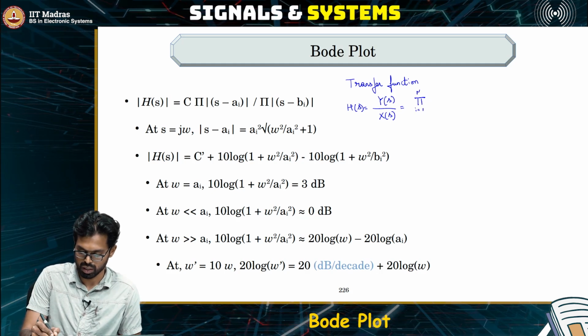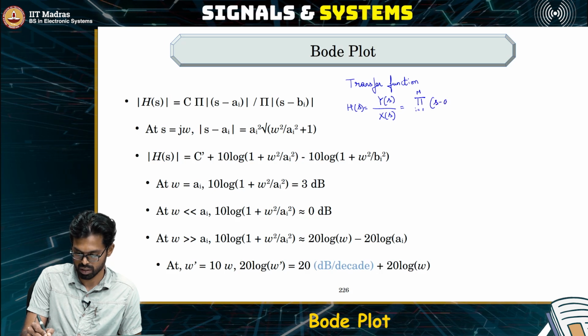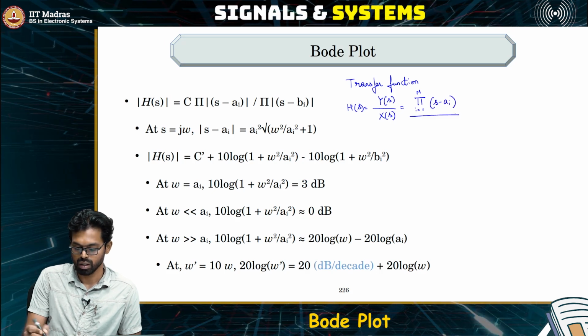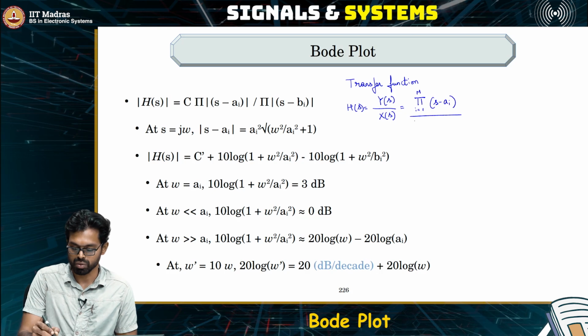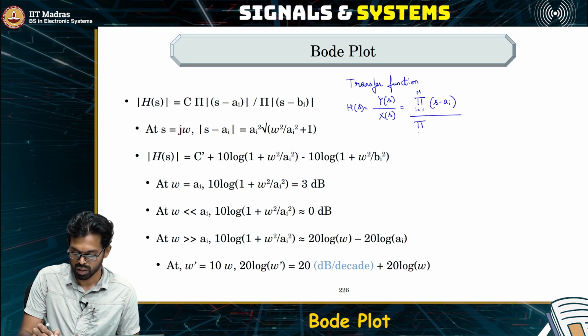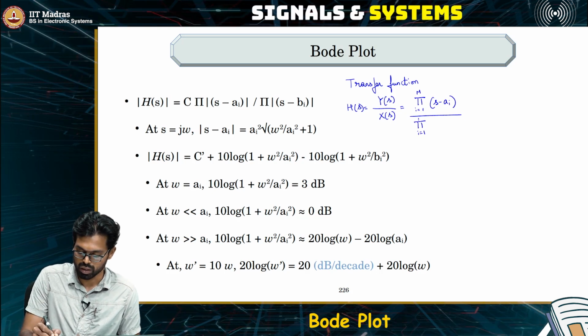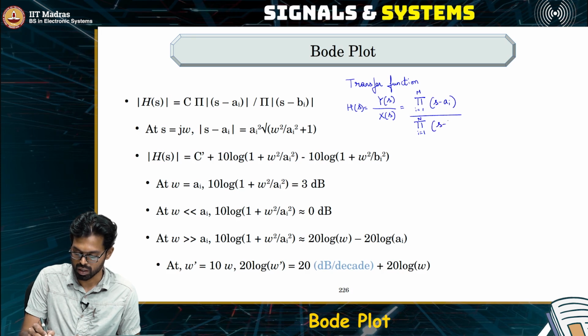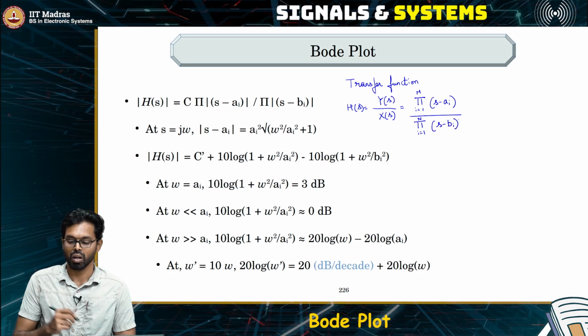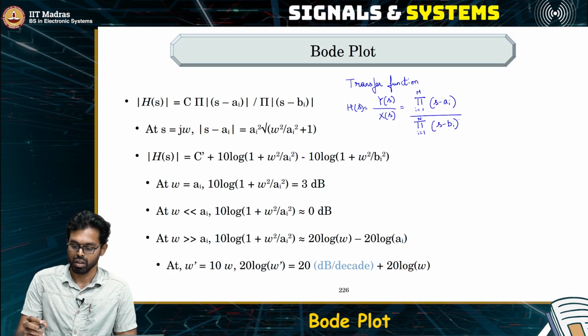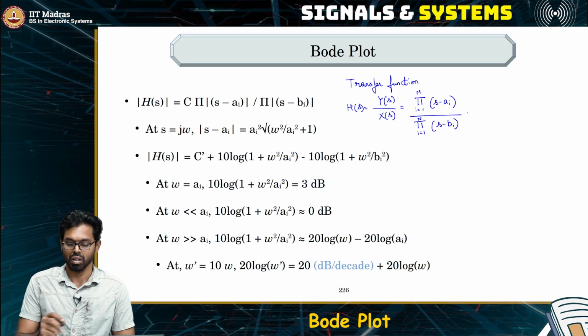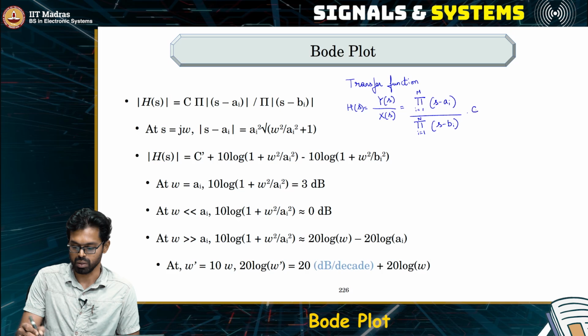So you can write this as s minus ai. Now if bi are the roots of the denominator, then we can write this as s minus bi in the denominator. Now there can be a constant. Let's call this constant c.